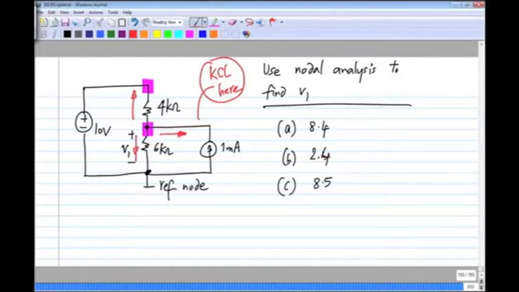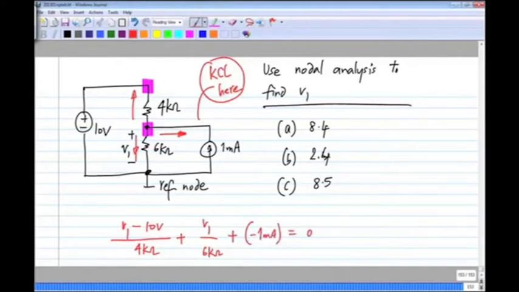So the current flowing in the 4 kilo ohm resistor that is flowing away from this node will be V1 minus 10 volts divided by 4 kilo ohms, plus the current flowing in the 6 kilo ohm resistor is V1 by 6 kilo ohms, plus the current flowing here, it is a current source, so we know the current flowing in this direction will be minus 1 milliampere, will be equal to 0, right?